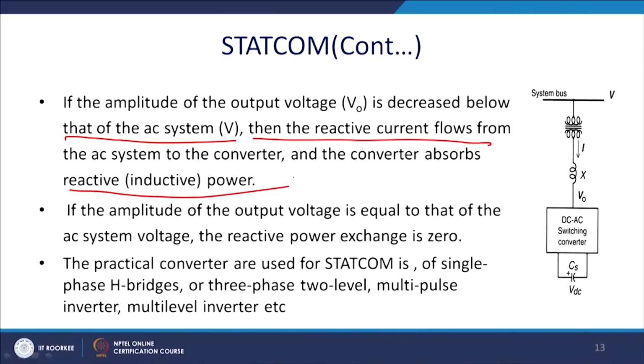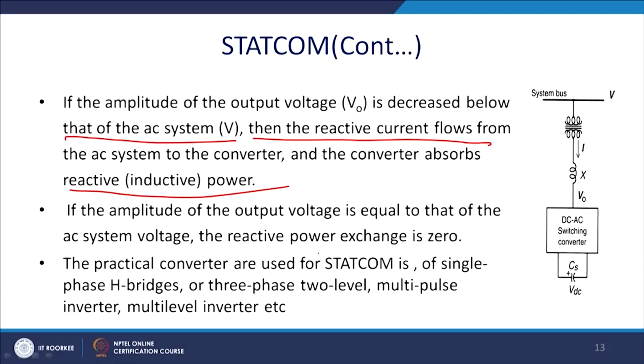Then you will absorb the reactive power: the reactive current flows from the AC system to the converter, and the converter absorbs the reactive power. If the amplitude of the output voltage is equal to the system voltage, the reactive power exchange is 0. So, it is in a floating state, generally we do not do that.